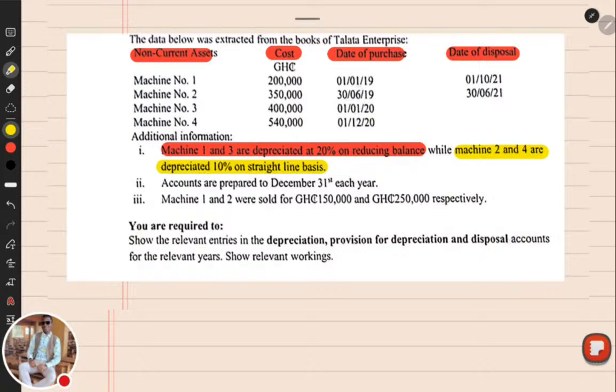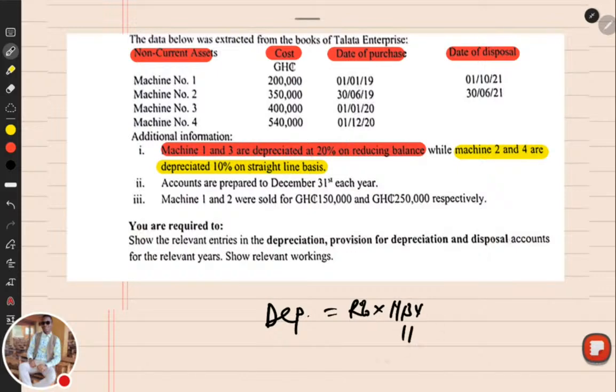Reducing balance means that to find depreciation, depreciation is equal to the percentage rate multiplied by the net book value of the non-current asset. How do you measure net book value?